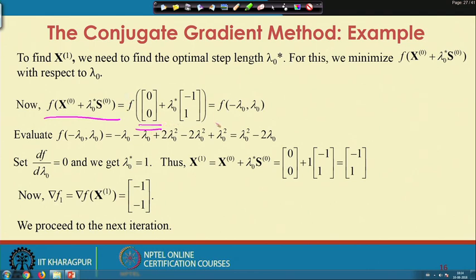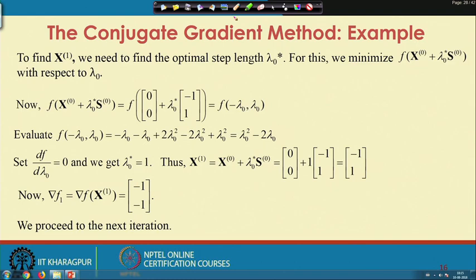So, this becomes f of (minus lambda 0, lambda 0). We evaluate it by putting x 1 equal to minus lambda 0 and x 2 equal to lambda 0 in the original expression for f, and we get lambda 0 square minus 2 lambda 0.